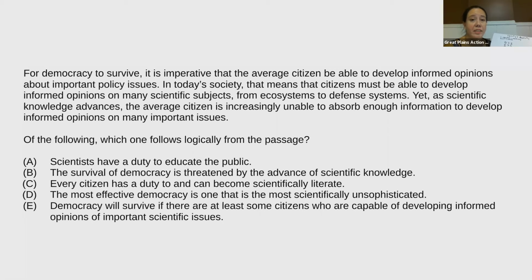As scientific knowledge advances, the average citizen is increasingly unable to absorb enough information to develop informed opinions on many important issues. So we have, if knowledge advances, then the average citizen is increasingly unable to develop enough informed opinions on many important issues.